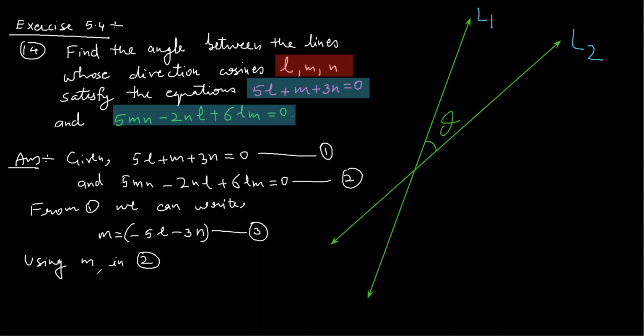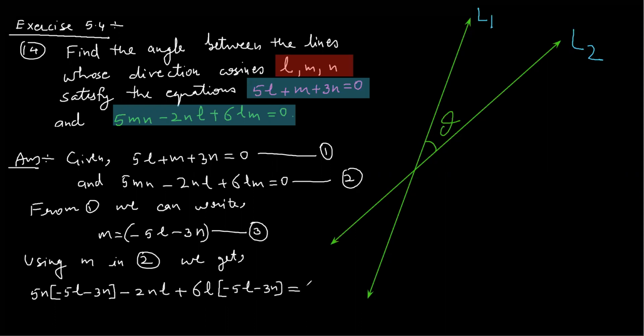Using M in 2, we get here 5N into M. What is M? Minus 5L minus 3N, minus 2NL, no change, plus 6LM. So 6L and M is minus 5L minus 3N equal to 0 it is.